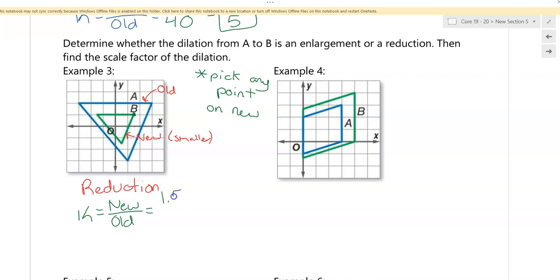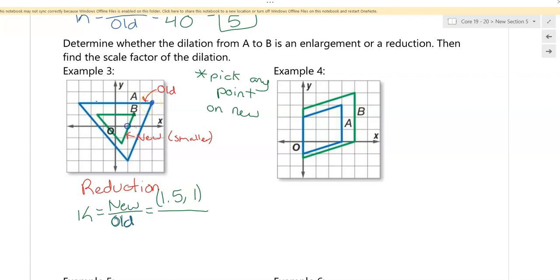So I'm going to call it 1.5. And then it goes up 1. Then I have to pick the corresponding point on my old. Let's make old blue, because then it matches the colors. So here it's this corner, so I have to pick this corner on my old as well. They have to be a corner. It can't just be any random middle point. You don't know how those line up. Has to be a corner.